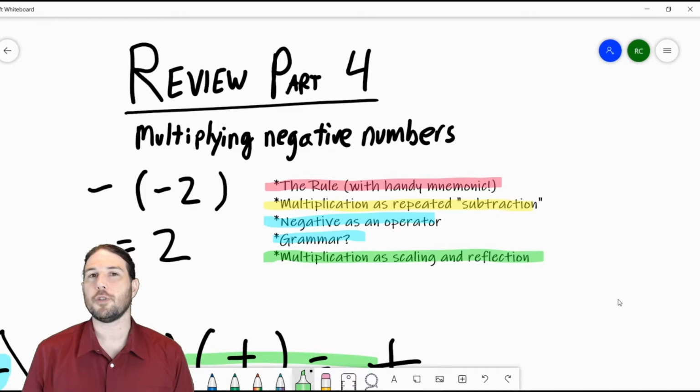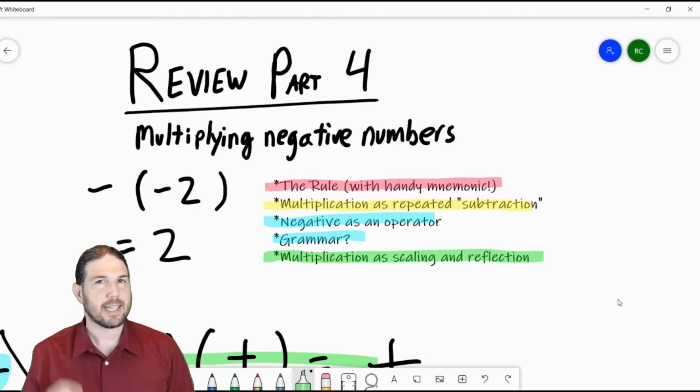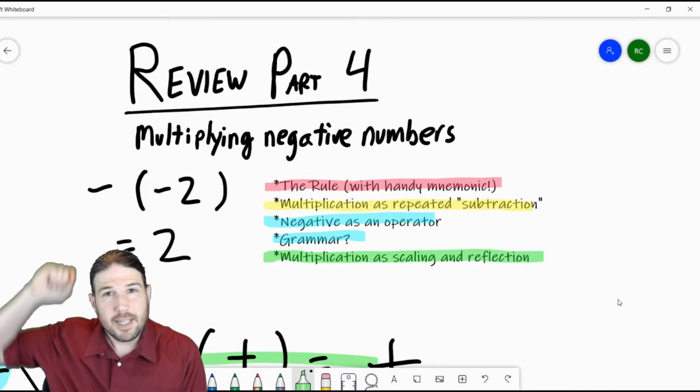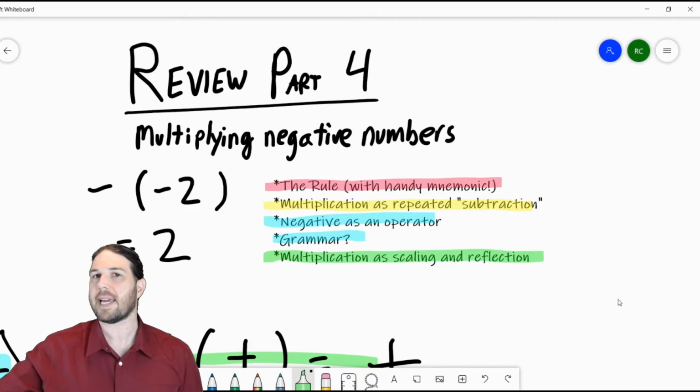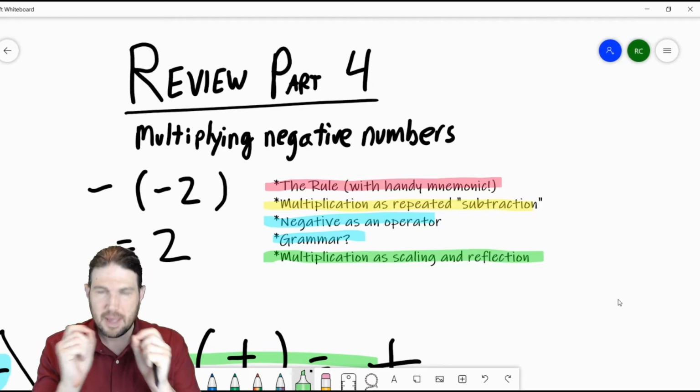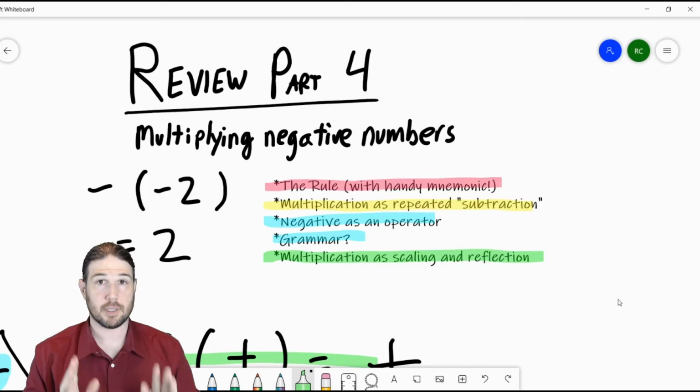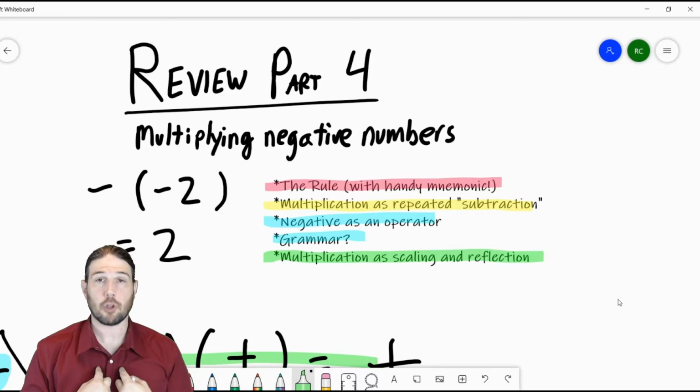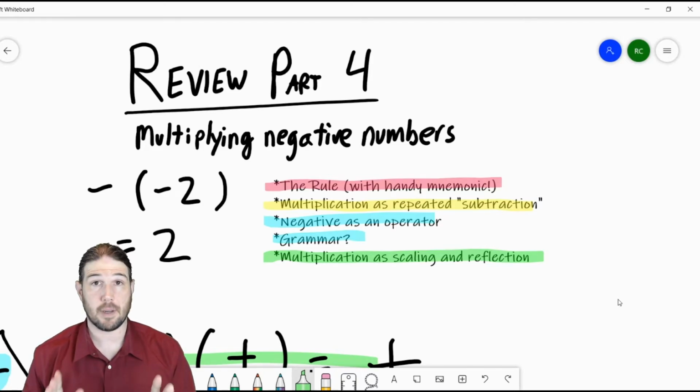But I do want to drop this idea into your head like a little seed in the hopes that by the time we get to this point later on in the course, it will have maybe sprung a couple of little roots, okay? Here's how I see multiplication of positive and negative numbers.